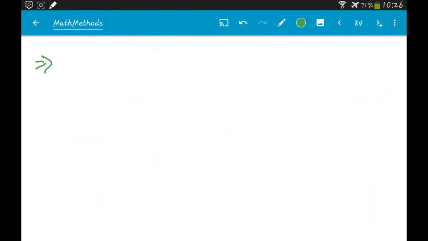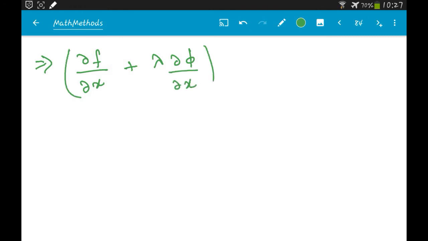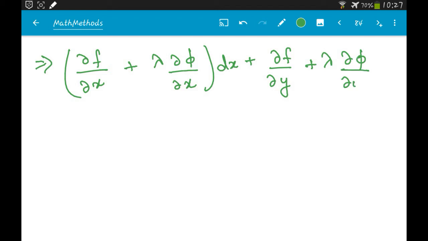Let's simplify this by taking the common factors: dou f by dou x plus lambda dou phi by dou x into dx, plus dou f by dou y plus lambda dou phi by dou y into dy is 0.